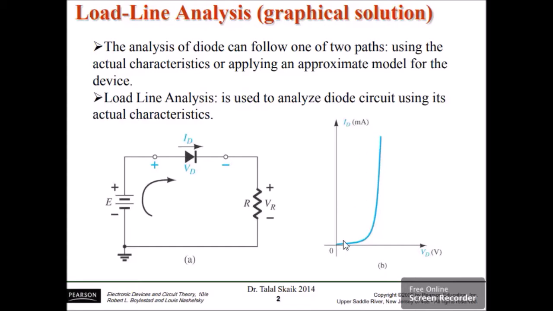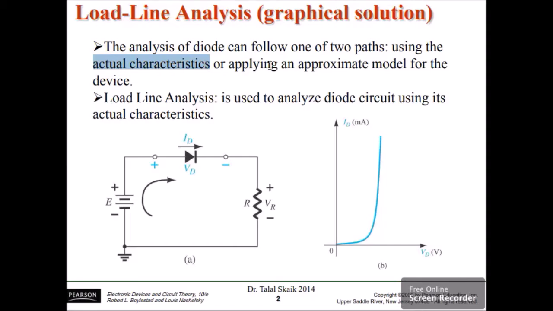Now, where does this characteristic come from? It says here, analysis of diode can follow one of 2 paths: using the actual characteristics of the diode, which can be found on some datasheets, or applying an approximate model for the device.